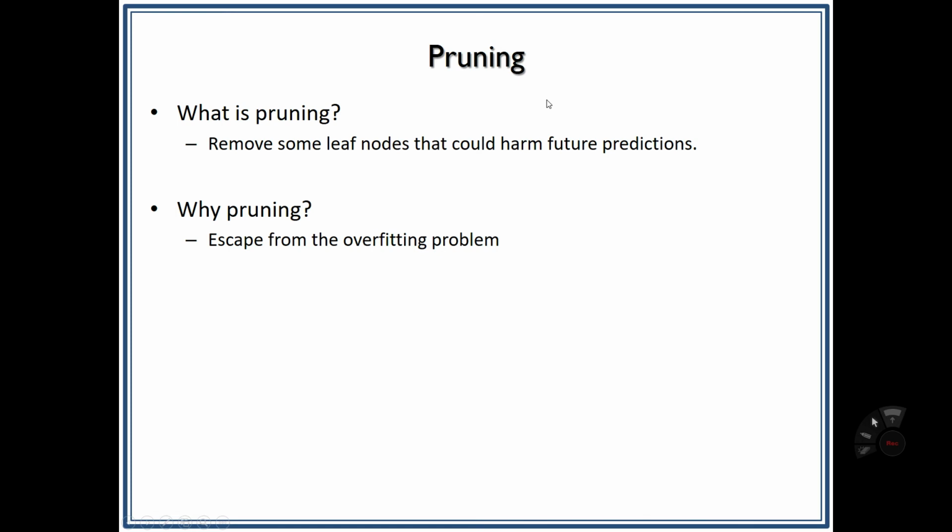So we prune the tree to escape from the overfitting problem by removing some leaf nodes that could harm future predictions. Okay, so the decision boundary is too complex and it may not work well for a new data set. So we make that decision boundary smoother, not complicated, not complex.